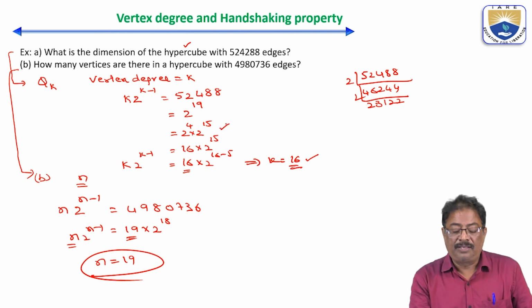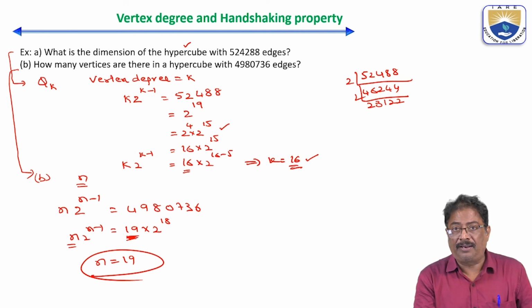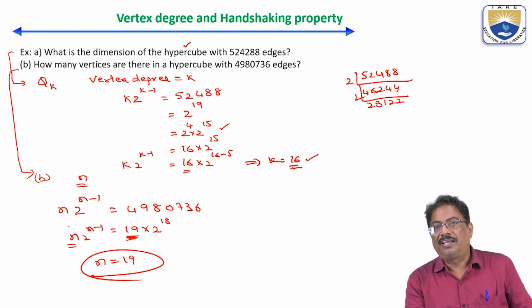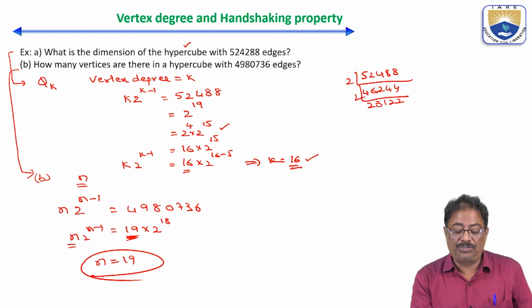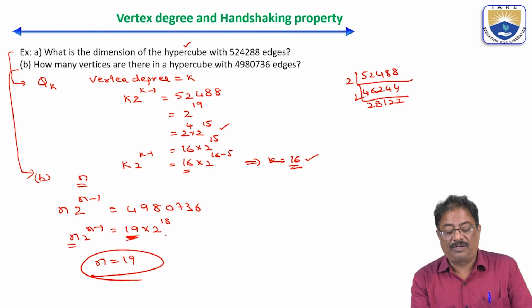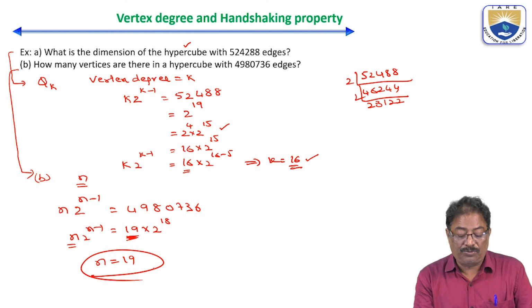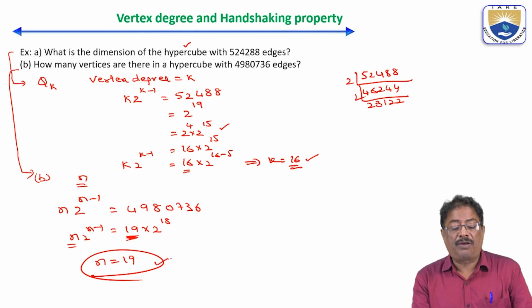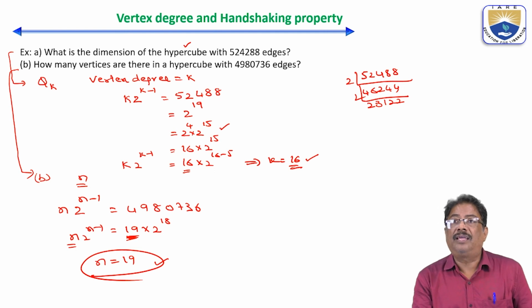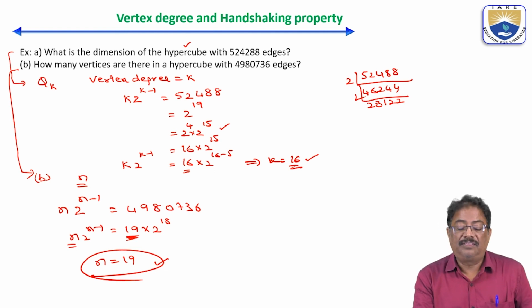If it is not possible, whatever constant is there, that constant is equal to k or n, whichever we choose, and the power is that number minus 1. Subsequently, we find how many vertices are there in the hypercube with these many edges.